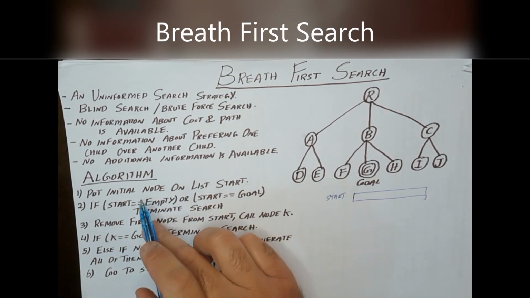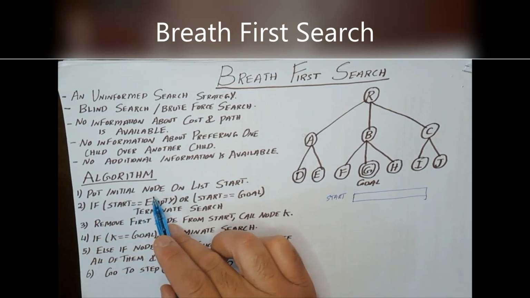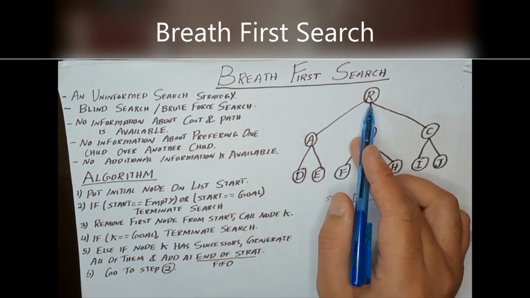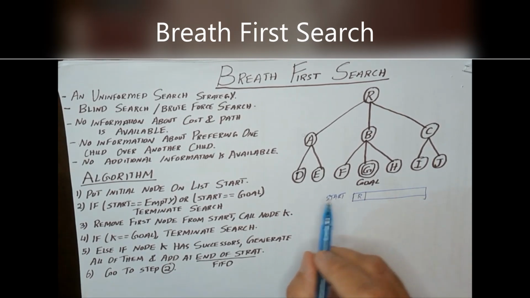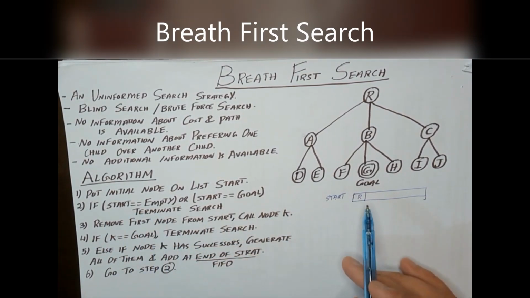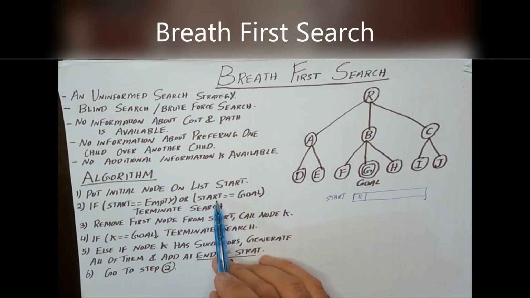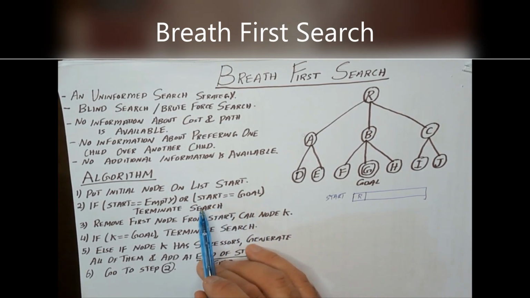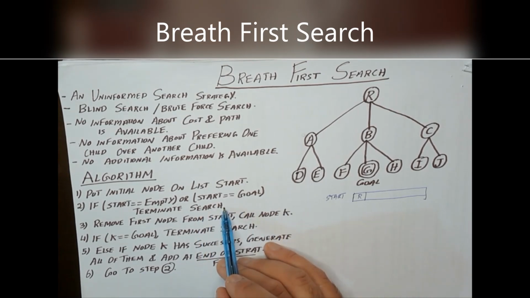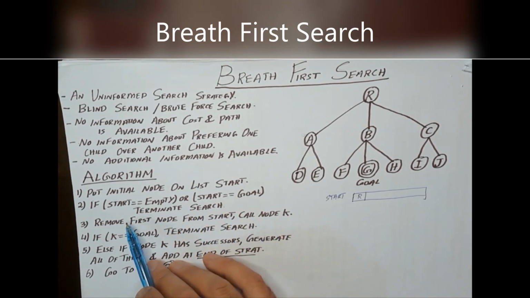According to this algorithm, firstly we put the initial node, that is in our case R, on this list. Secondly, we see if start is empty, it is not empty, or if start is goal, it is also not goal. If it was, then we would have already terminated our search. So we move on to the third one.